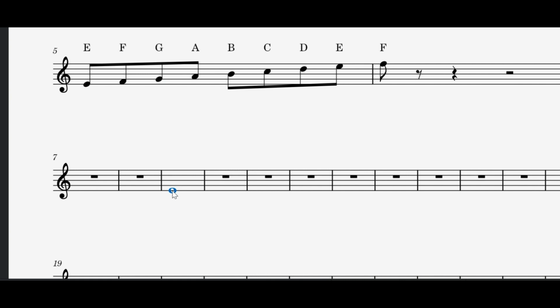So if this is a line note, the note before it should be on a space. Sorry, I want to make it a whole note. D. So there you are, you can hang those off the first line of your stave.